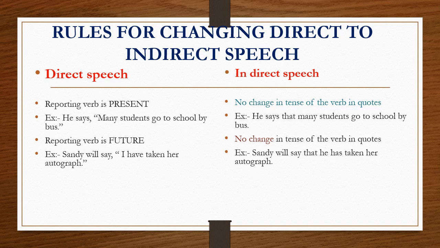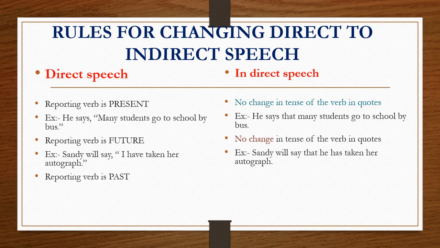The tense has not changed. Since the first person pronoun is I, the verb is have. And since the pronoun is the third person pronoun he, the verb should also be singular, which is has. That is the only change, but no change in the tense. Tense is the same.